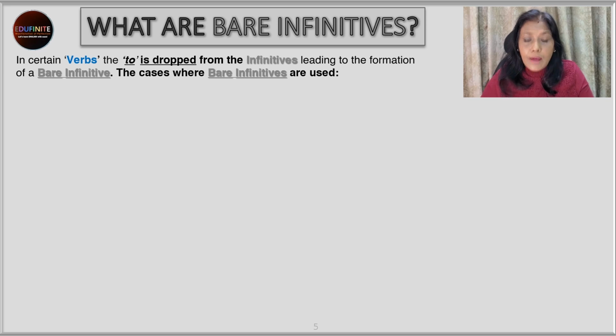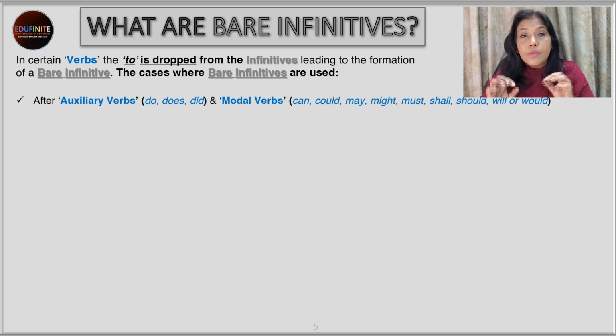The cases where bare infinitives are used are after auxiliary verbs do, does, did, and after modal verbs. The modal verbs: can, could, may, might, shall, should, must, will, or would.